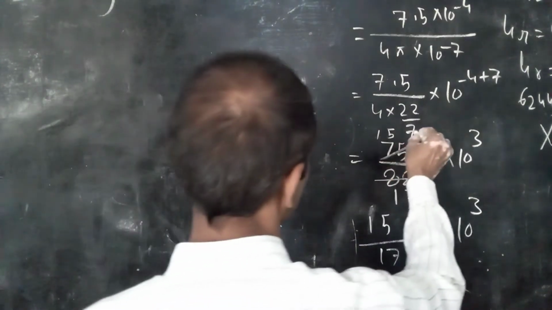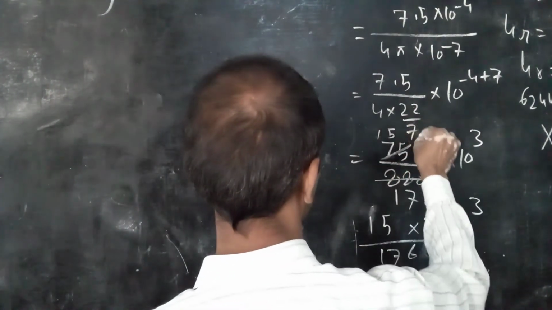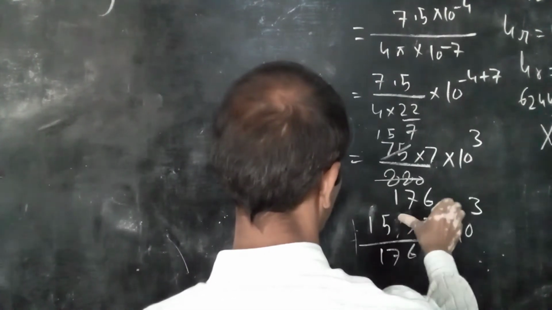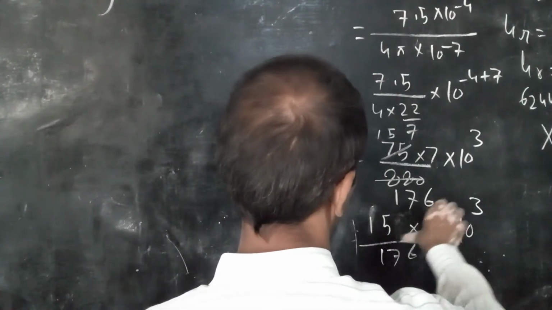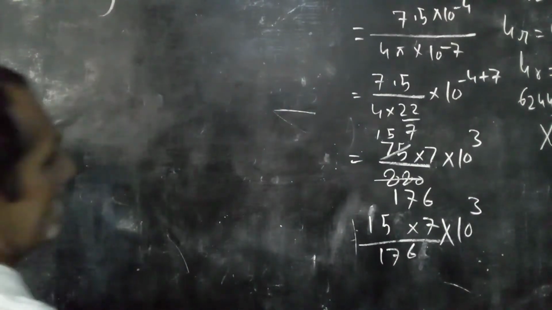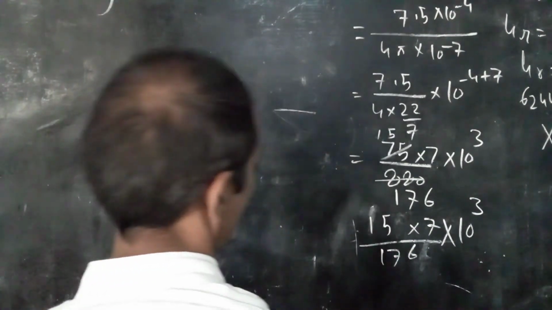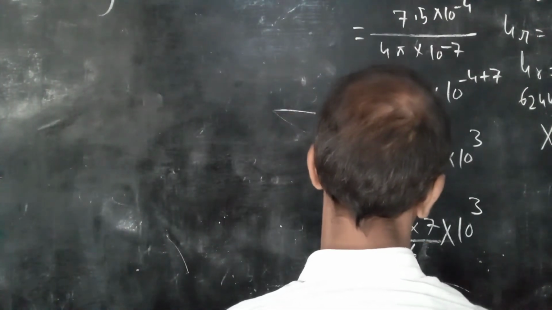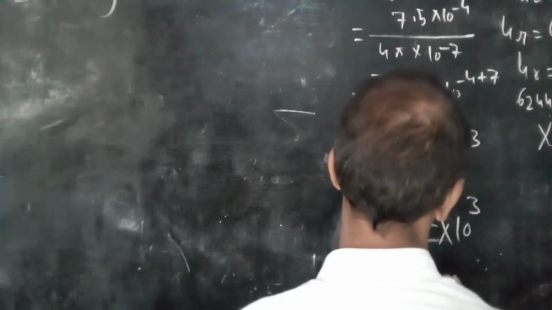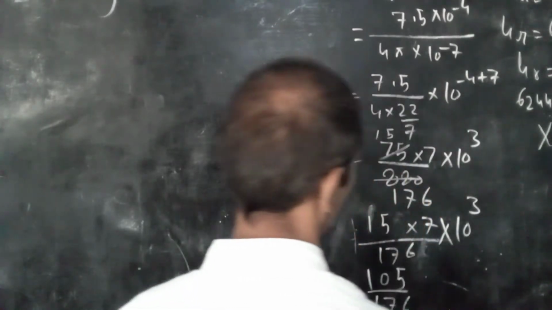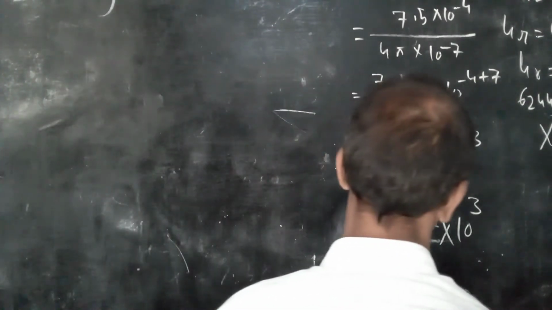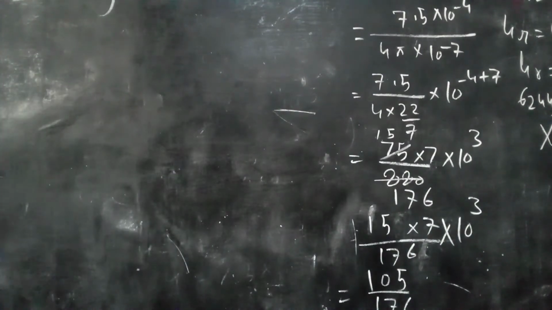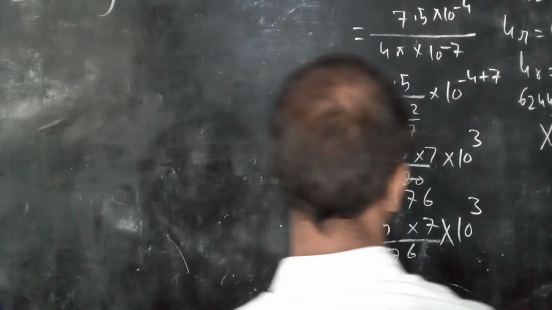Here this 7 is 22/7, not with 50, na. So this 7 is not here, na. 7 is in multiplication only, okay. Now multiply 57, the 105 upon 176, na, into 10 raised to power negative 3 into 10 raised to power negative 3.